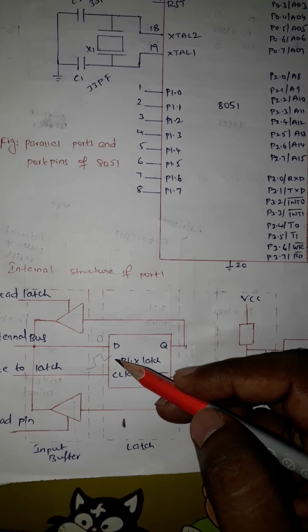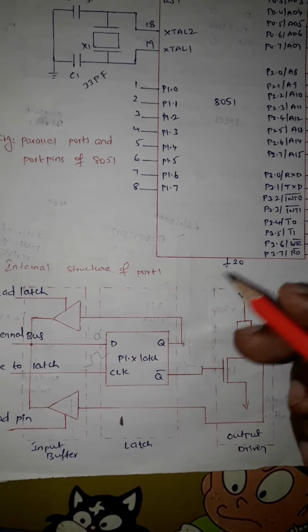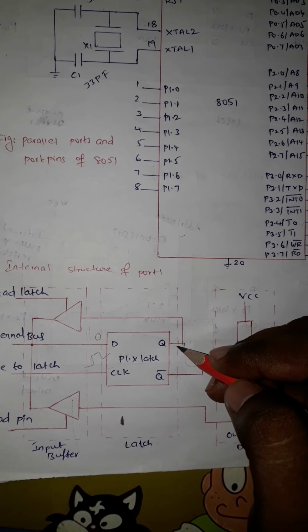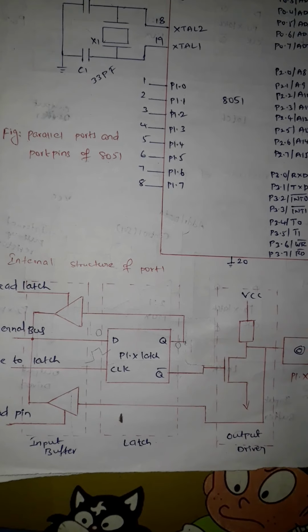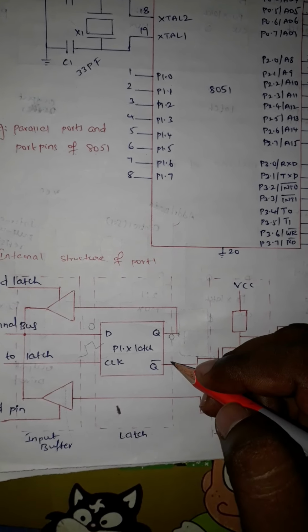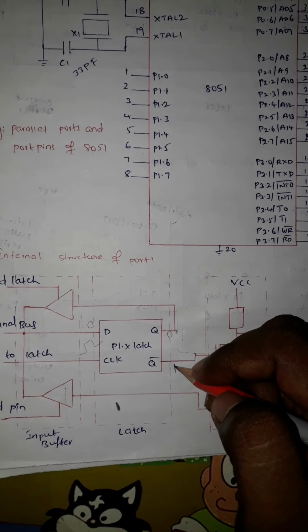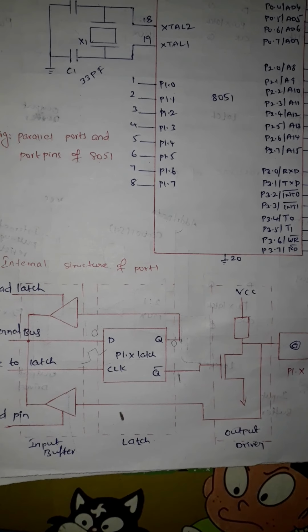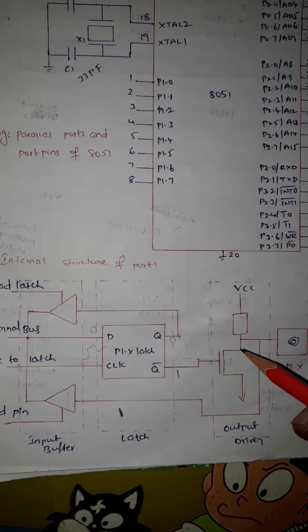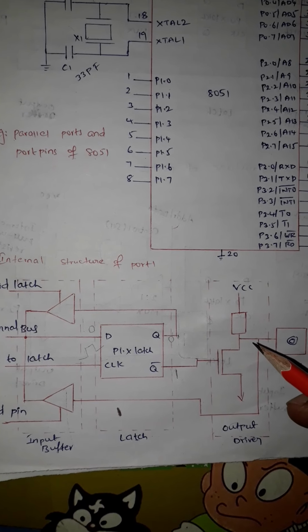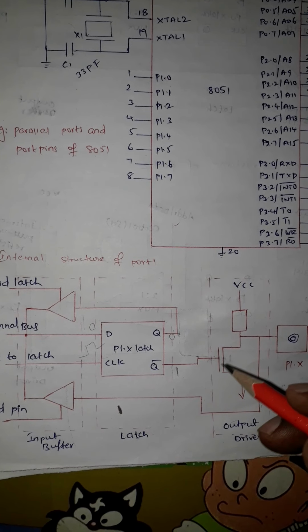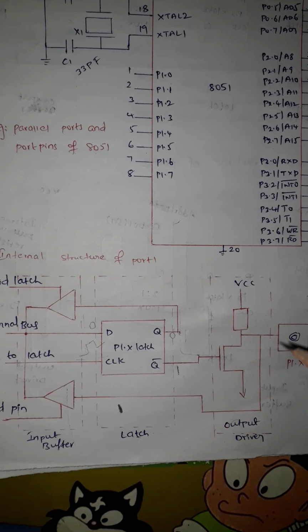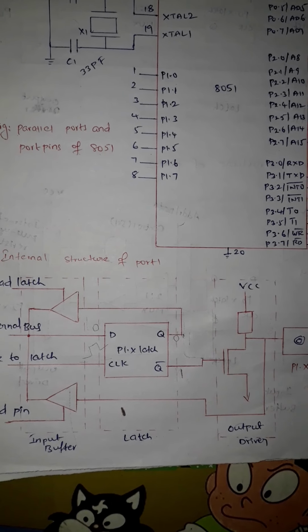Now you made the clock high and applied a 0 input to D. The output that appears at Q is also 0. As Q is 0, Q bar will be 1. Q bar is connected to the transistor, so when the transistor base is driven with value 1, the transistor turns on.